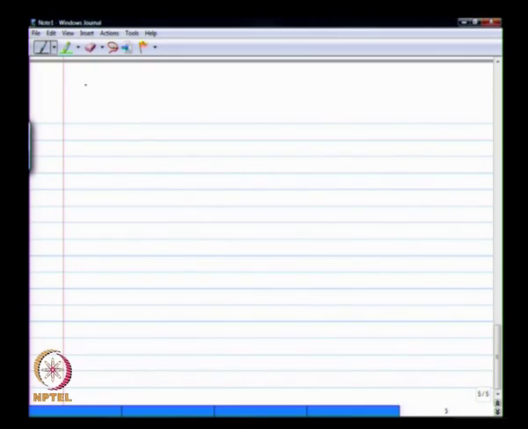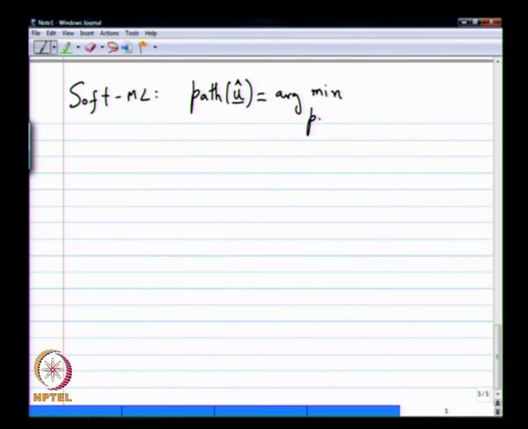Okay. So, the soft ML can now be equivalently written as U cap. Okay. So, remember, the U cap also defines a path on the trellis, right. So, I have to be careful here when I do notation. Okay. So, path of U cap equals argument of minimization over all paths of what?